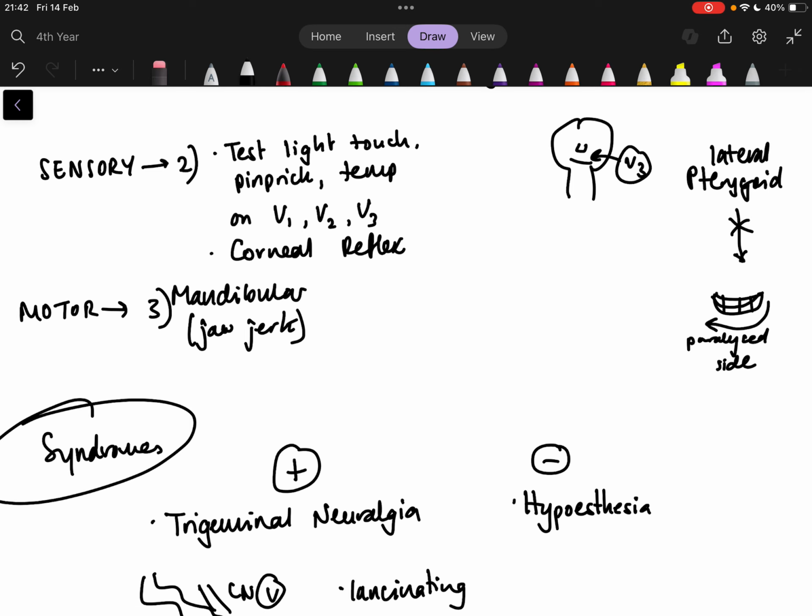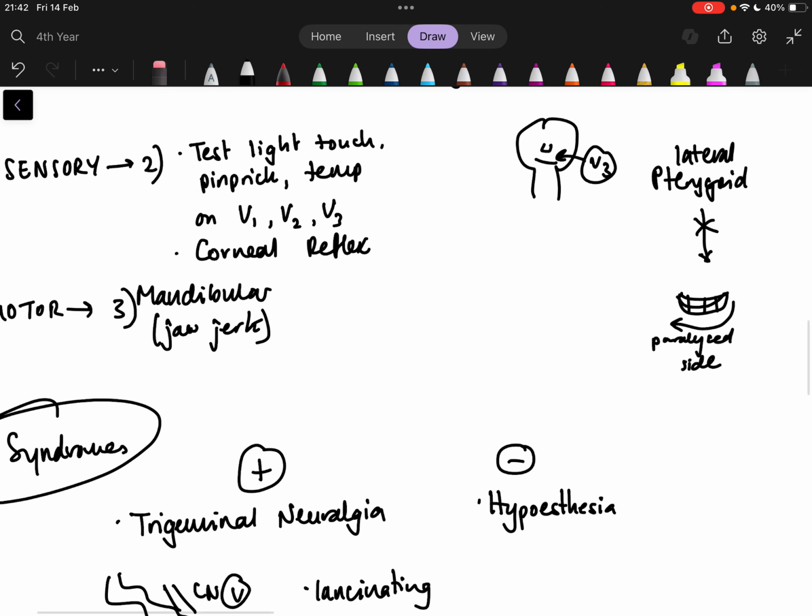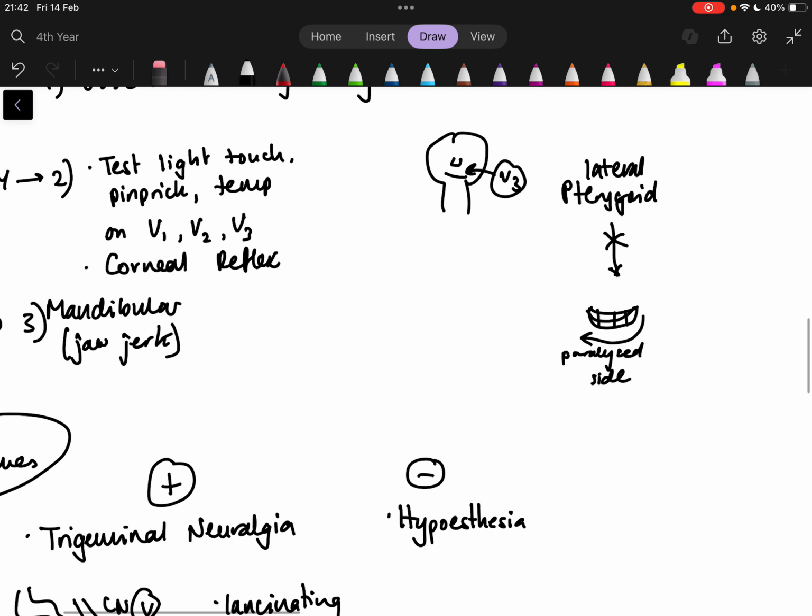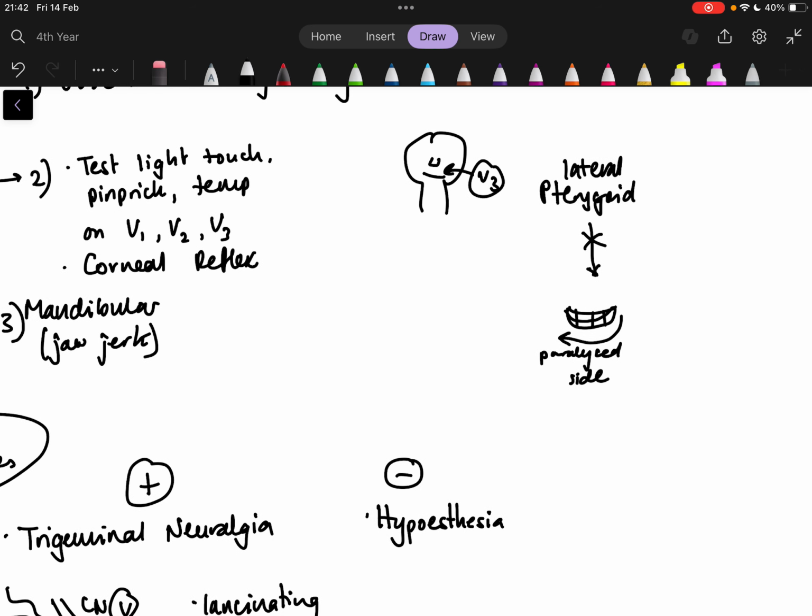But obviously, if there is a problem with the motor nerves, for example, like I said, there's the lateral pterygoid, which is one of the muscles that is responsible for chewing, right?